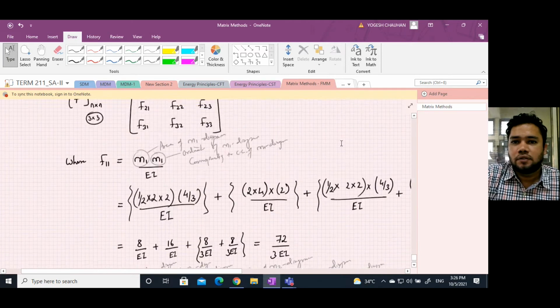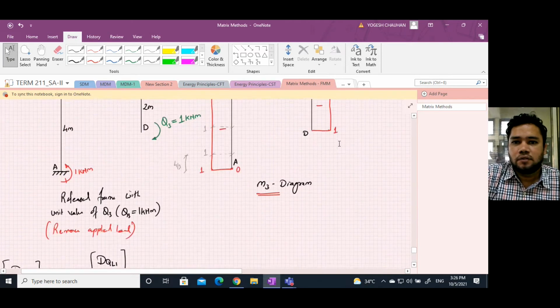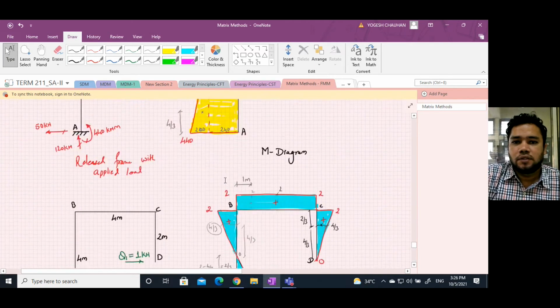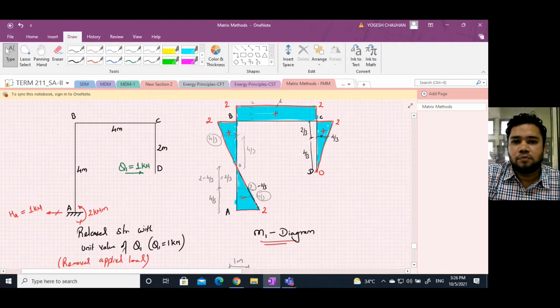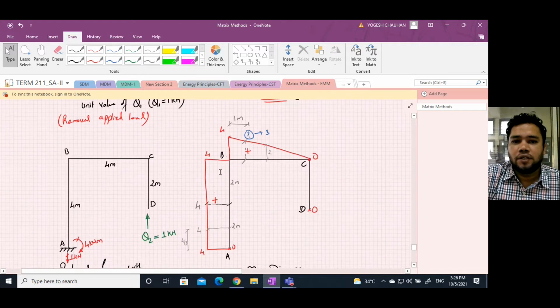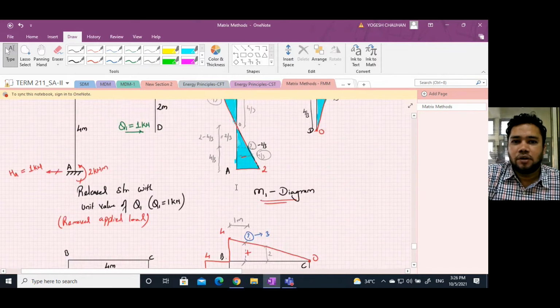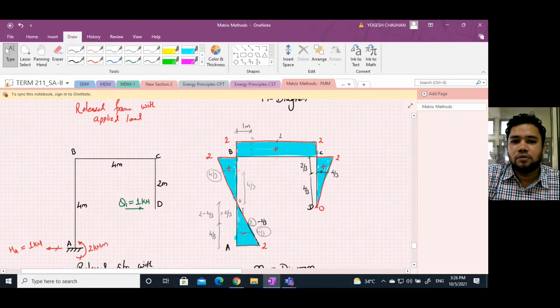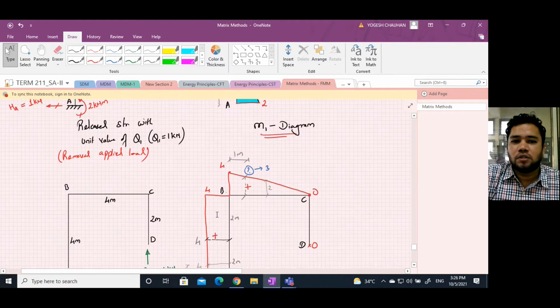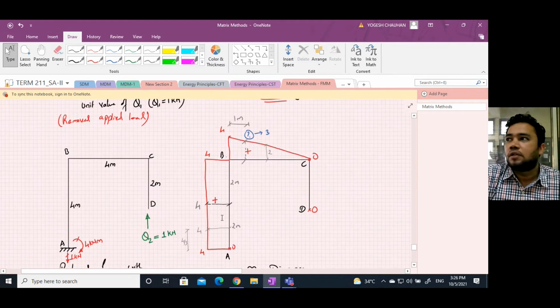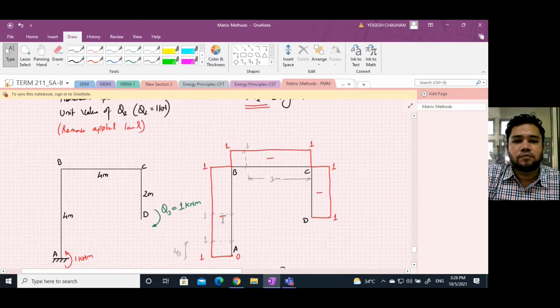that is this area of this triangle, and the ordinate is plus 4. Now this time it will be cancelled because this area is positive, this area is negative, and the ordinate in both the values will be same, so it will be cancelled out.